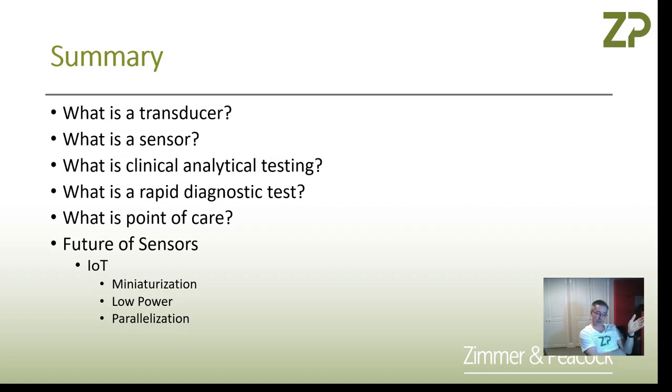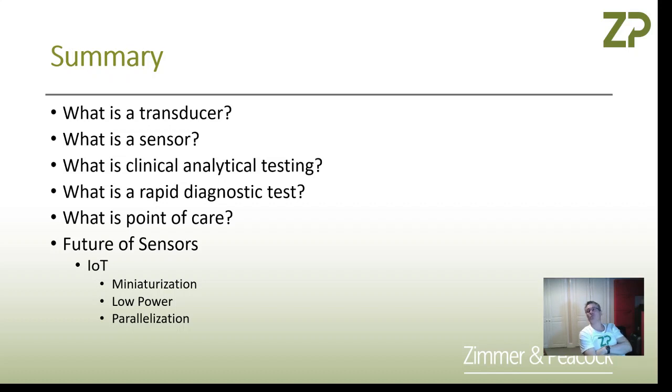We have the clinical laboratory analyzer, which is the large behemoth, which can receive lots of samples from lots of patients, make lots of measurements upon each one of those samples. And then you have the other end of the spectrum, which is these rapid diagnostic tests, where it might be a palm-sized instrument, where I take my drop of blood, I put it on the sensor, I get an immediate answer. So it's one patient with one sample making one measurement, quite restricted.